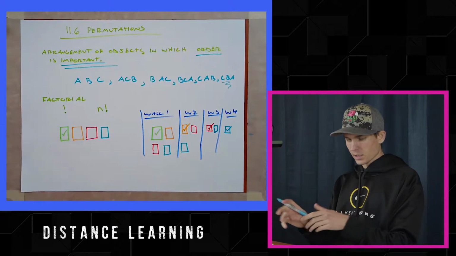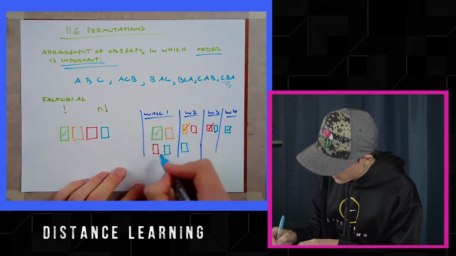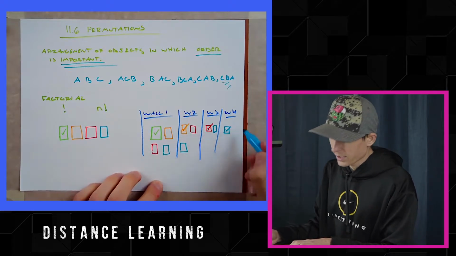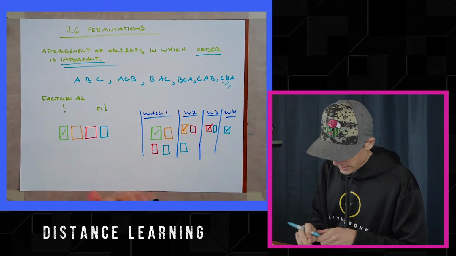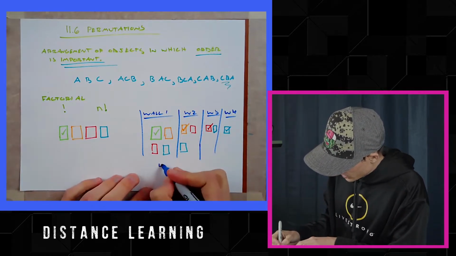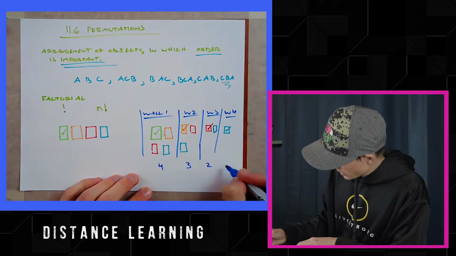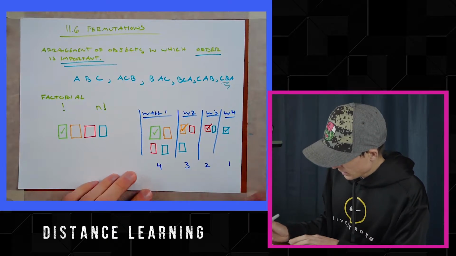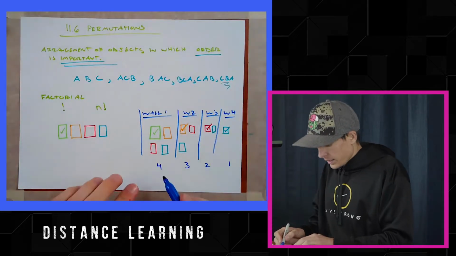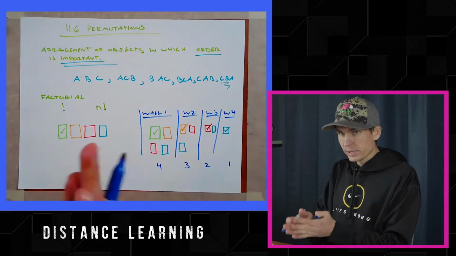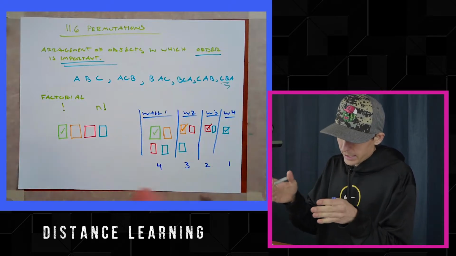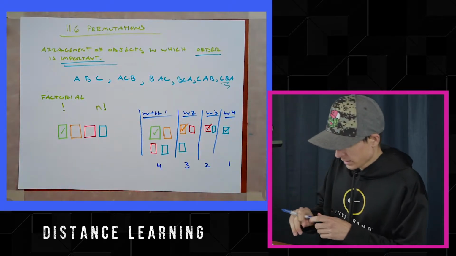So if you look at my options, I had 4 options for my first wall. Then I had 3 options, then 2 options, and then 1 option left. When you go down one at a time, 4, 3, 2, 1, all the way down from some number to 1, like 10, 9, 8, 7, 6, 5, 4, 3, 2, 1, that's a factorial.